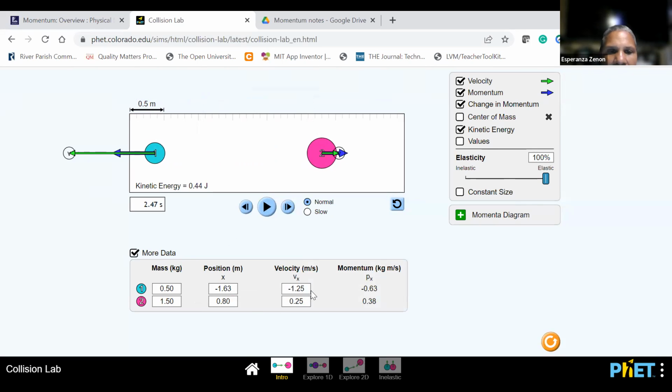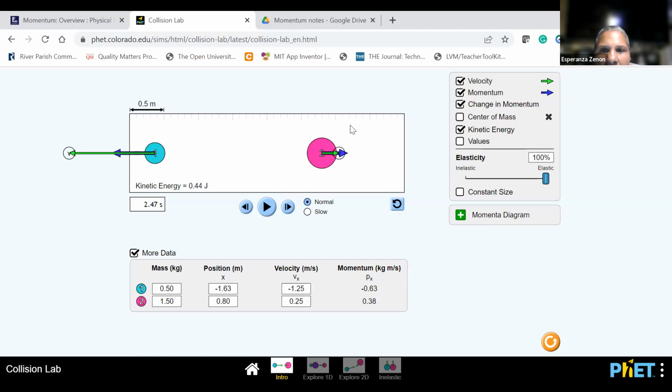velocity, and I know the masses of each one of the objects, right? I know the velocity of each one, and I know the momentum. Let's see. Yeah, the change in momentum is also showing here.